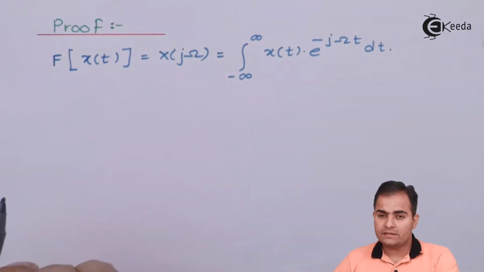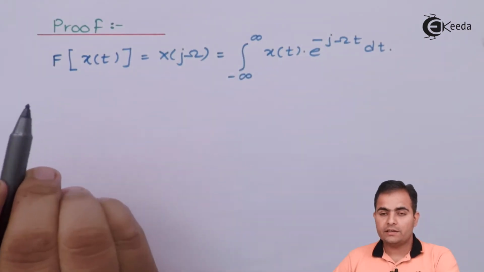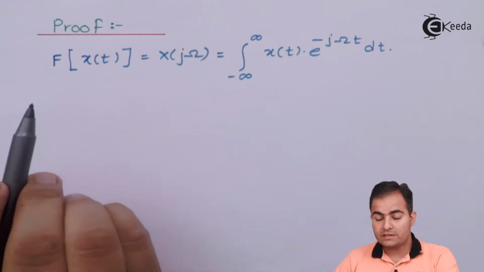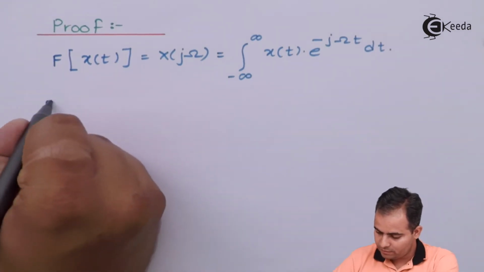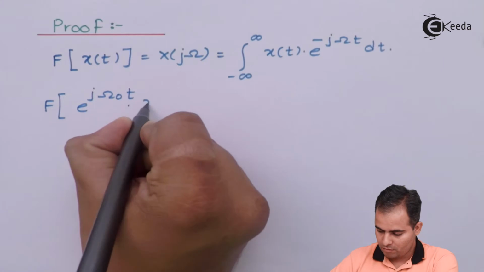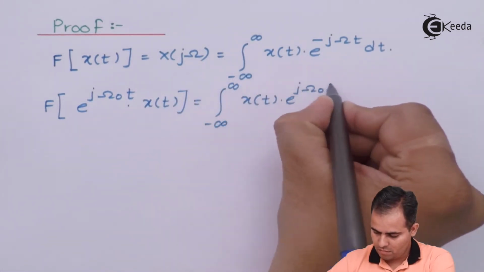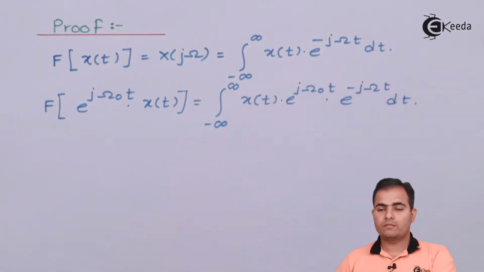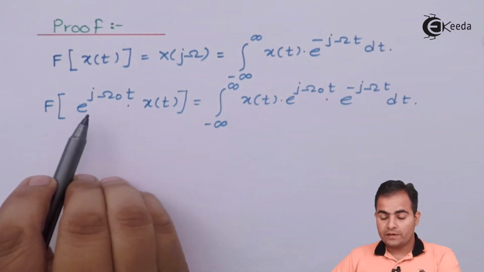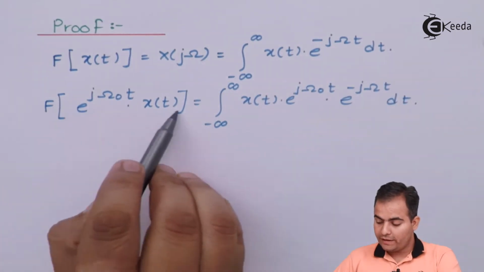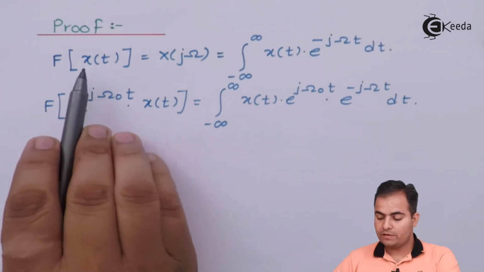Now, what is next? We will use our input function, or the statement function. What I have done is I have substituted my whole x of t, or input term, over here.